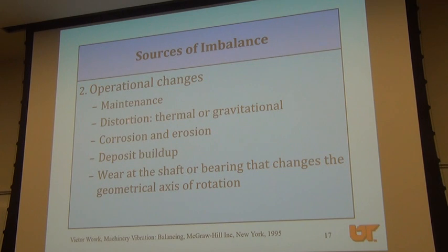Operational changes, maintenance. Maybe the manufacturing may be okay, there is no fault due to manufacturing, but the fault may be coming during the operation. It could be just as you use up certain things, the parts are going to degrade. If it is a rolling mill, the two rollers are hitting against each other all the time, so they may go out of round.